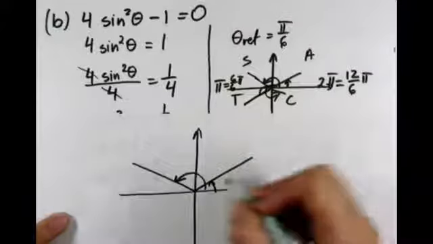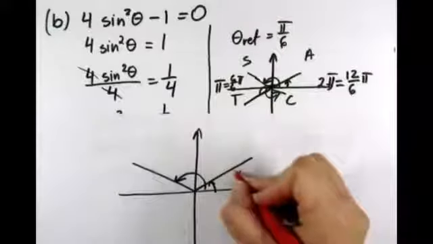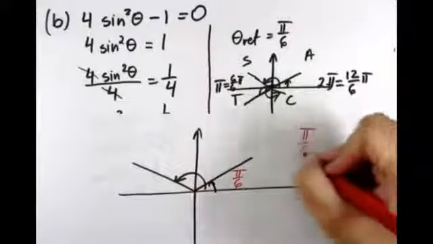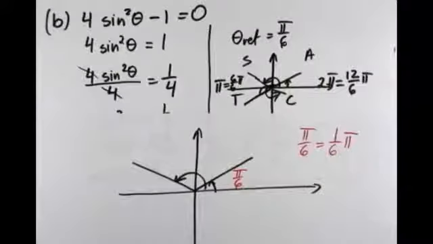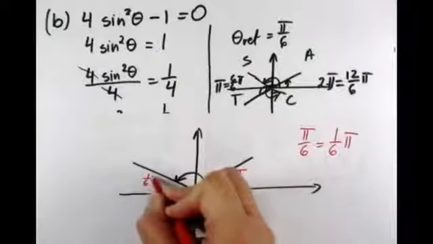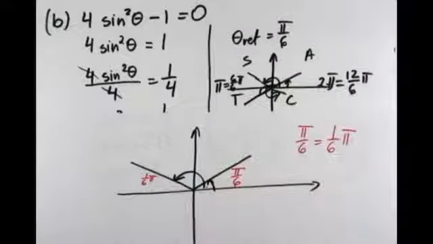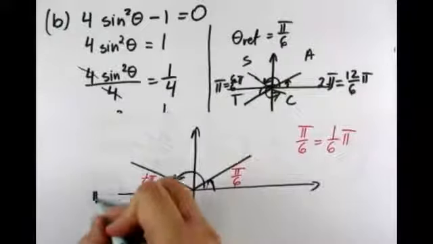Okay, so this reference angle is pi over 6, which is nothing else but 1/6 pi. Now this angle, we know that the reference angle is pi over 6 or 1/6 pi. What is this angle? The whole straight angle is pi right here.